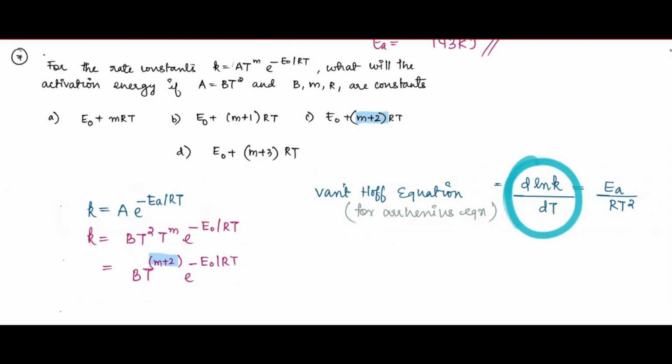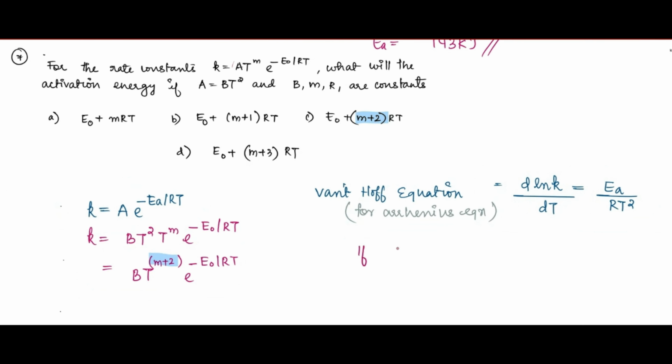Now we are going to do this one by one. First, what is needed? You need the rate constant in the equation which you have. What is k? K is equal to BT to the power m+2 e to the power minus E0 by RT. Next step, what will we do? You will find ln k. Find ln k.